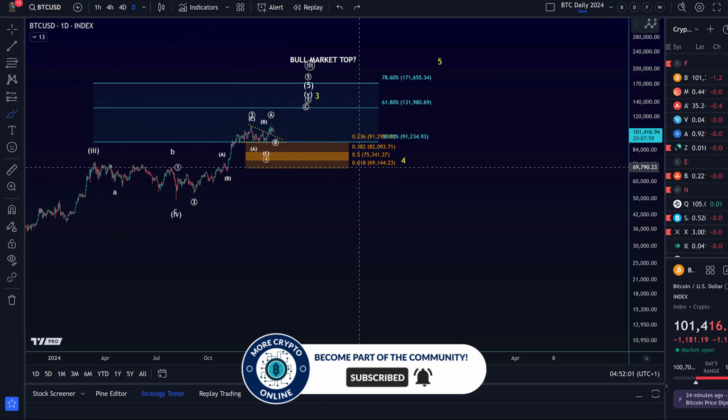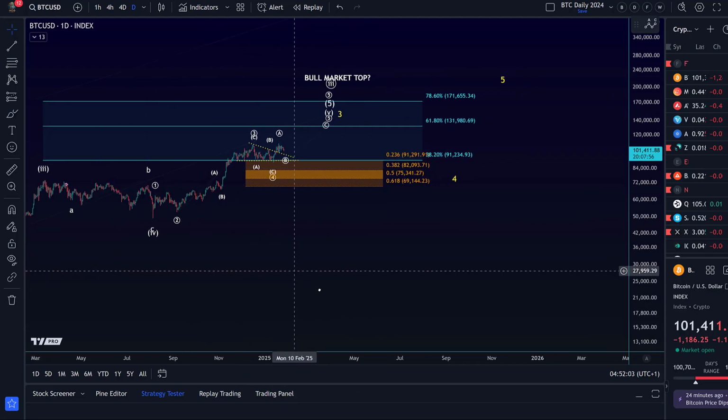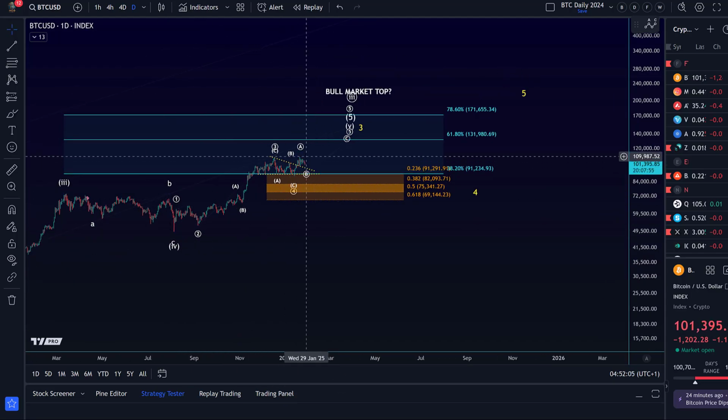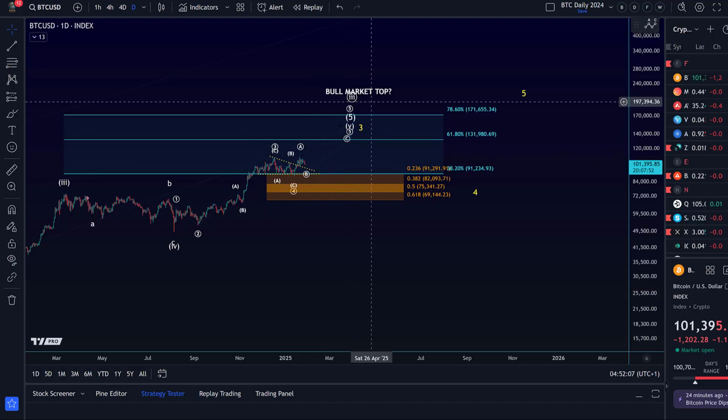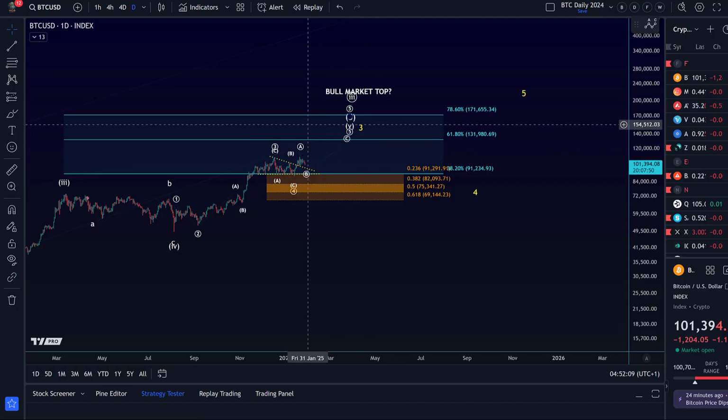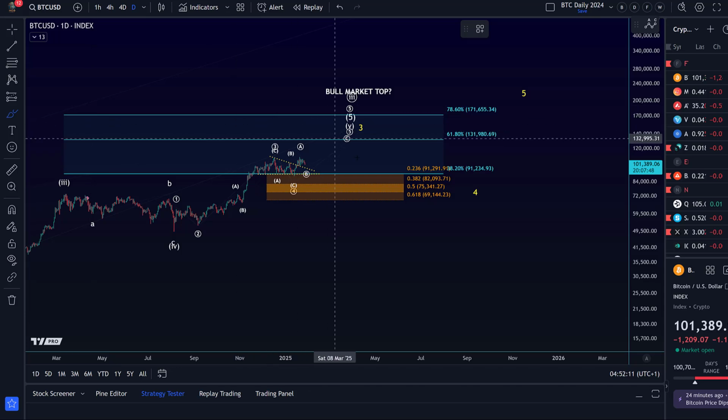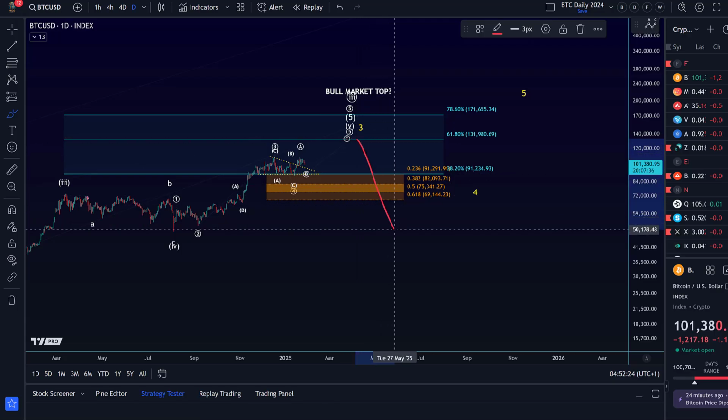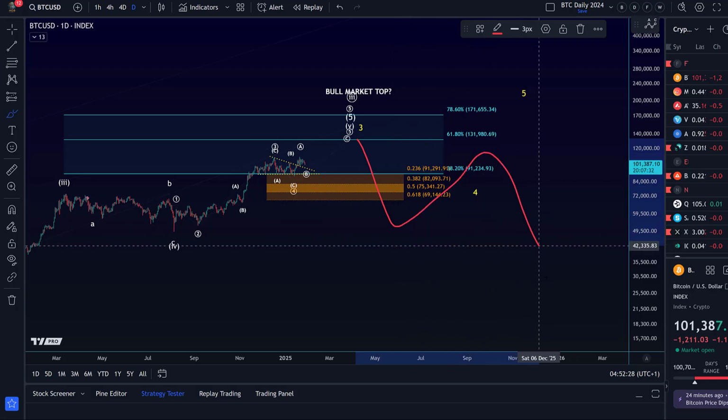So let's zoom in a little bit. Before we zoom in any further, you might ask, okay, what will happen after a top forms here? Well, it would be a substantial correction. We can, in some of the future videos, again talk about the weekly time frame chart, but ultimately what would happen is most likely a larger correction, like an A wave, the first leg of the correction, a B wave, and a C wave.